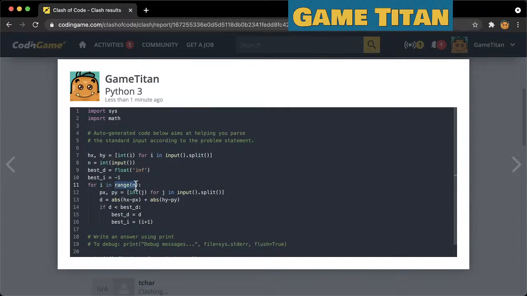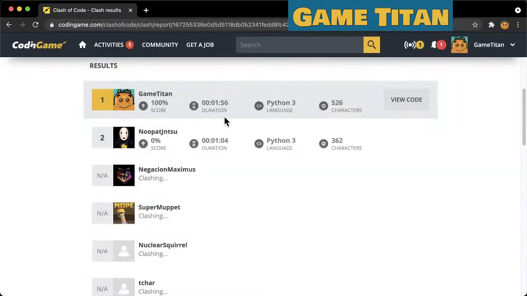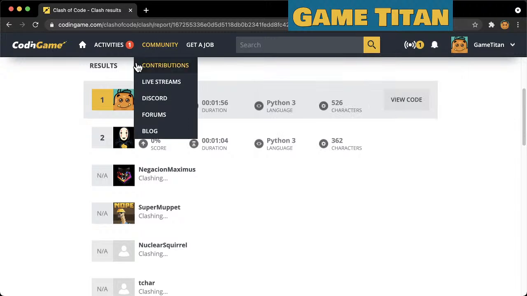That's what range does. It goes from 0 to n-1. And so when we save which the best pet store was, we want to make sure to add 1 to it. And then we print it out in the format that was asked for. Let's try one more, and then I will sign off.